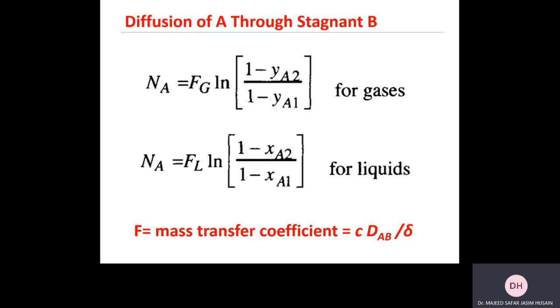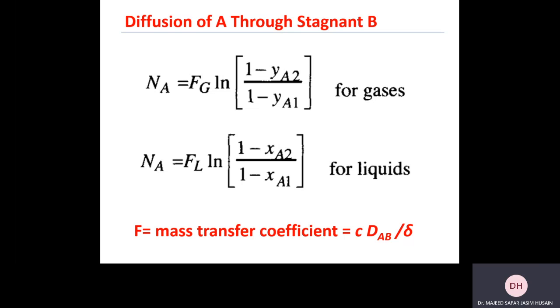And for the liquid, same thing, but instead of F_G, we'll put F_L, and that will be our mass transfer coefficient. You know that F basically is C D_AB over the film thickness, delta. So that's that.